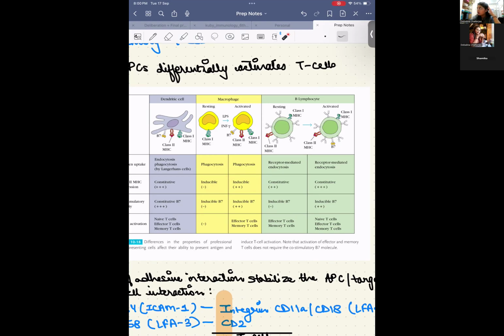But that doesn't change the fact that they are antigen presenting cells, because if activated, they can present the antigens. Since at some point they have the possibility of MHC2 expression, they have been classified as antigen presenting cells. Okay, ma'am. And B7 is presented only by APCs and not by all the cells of the body, am I right? Yes, B7 is also a possible marker for your antigen presenting cells.